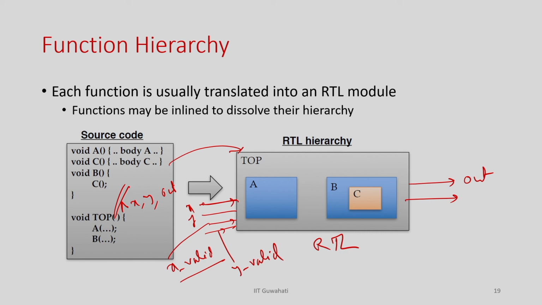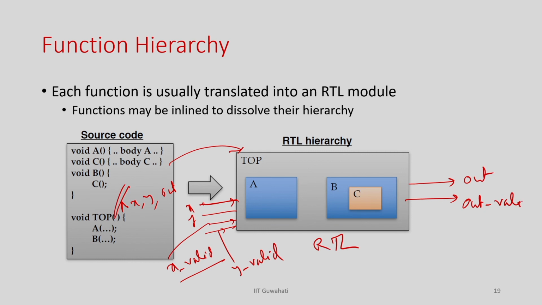This is useful for synchronization, because once you create this module and want to integrate it into a bigger SoC, you need to know when valid data is coming in and when this module is producing a valid output, because it may not always give you a correct output. If the latency of the circuit is, say, 4, then every 4th cycle it is going to give you a correct value. So the synchronization is already maintained.